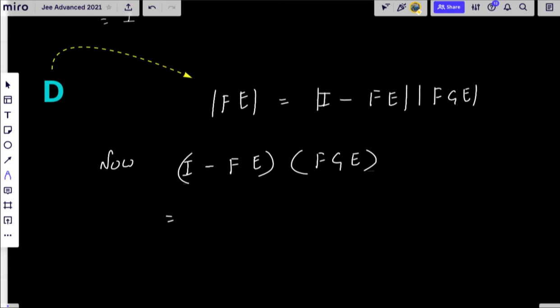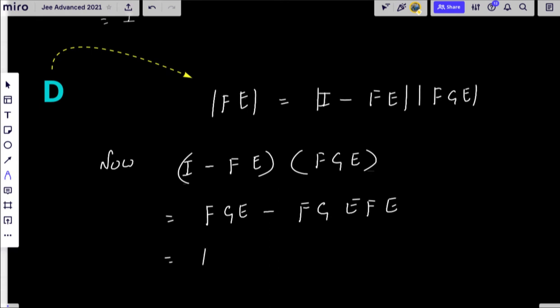And this implies, after multiplying, what we got here is FGE minus FGE FE. Okay, fine. So what do you think about this one?